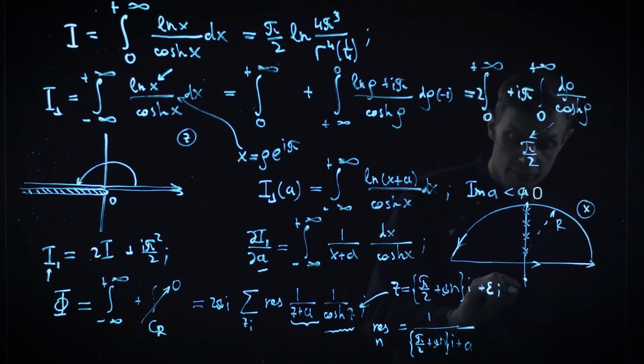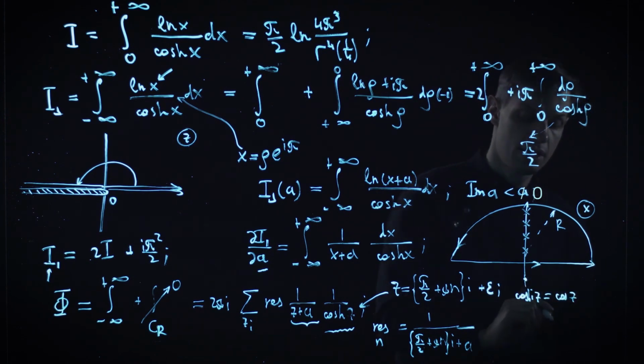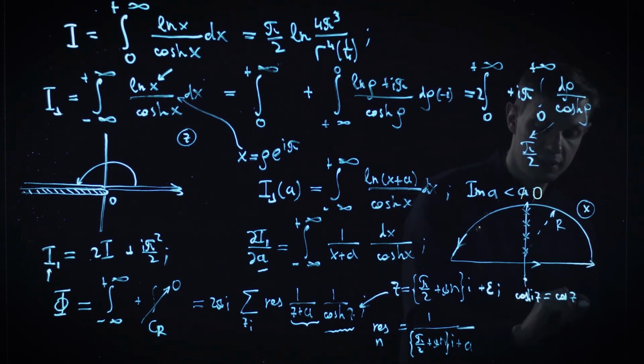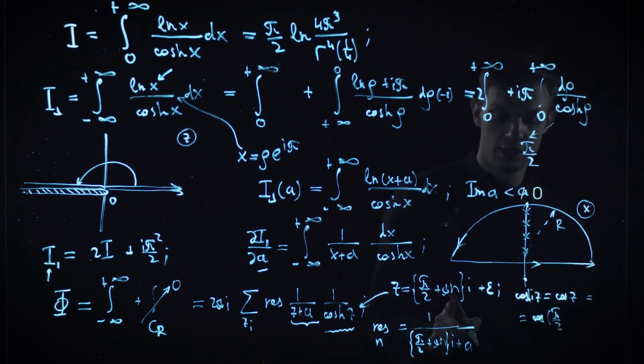So cosine hyperbolic of I z is equal to cosine of z, and as a result, you get cosine of pi by 2 plus pi n plus I epsilon. You can factor out pi n.